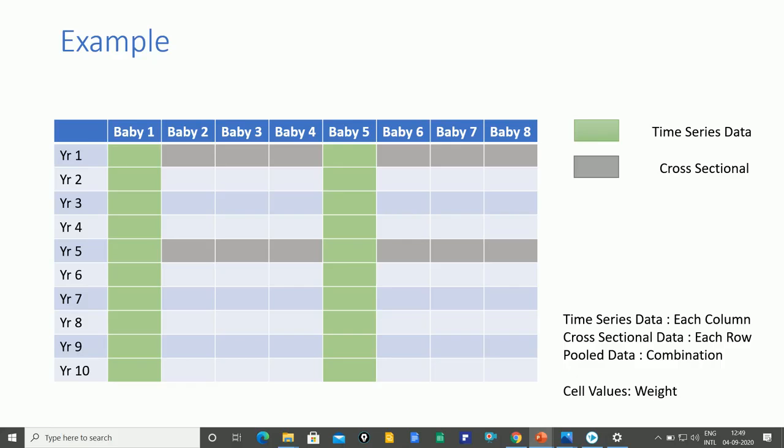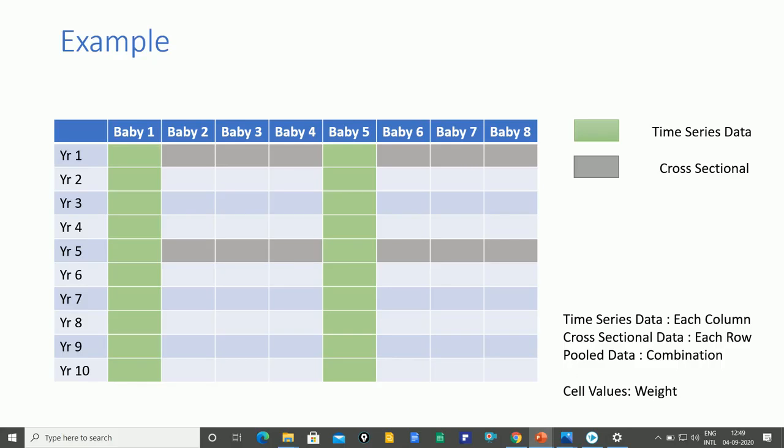On the other hand, if I consider the rows, here each row represents a cross-sectional data. Why is this so? Because if I consider the first row, it represents the weights of the 8 babies who have completed their first year of age. So here the data is collected at the same point of time.